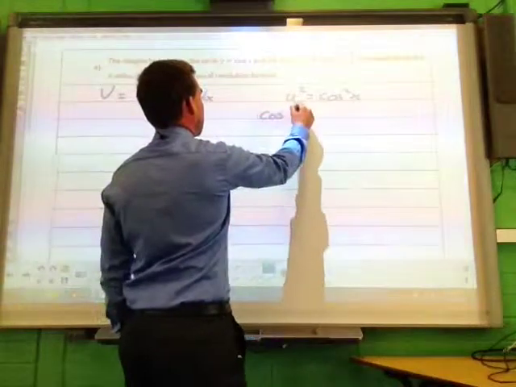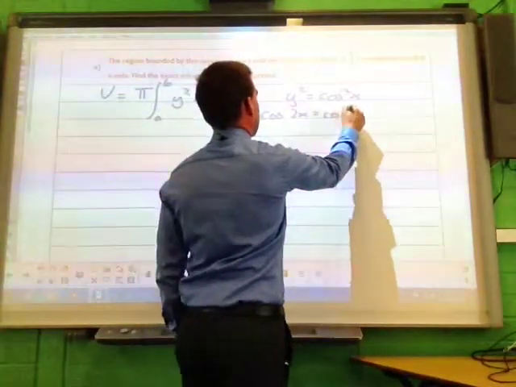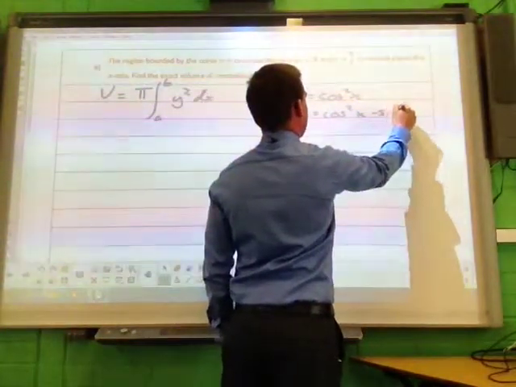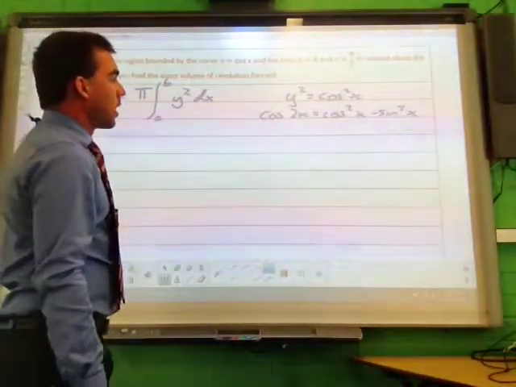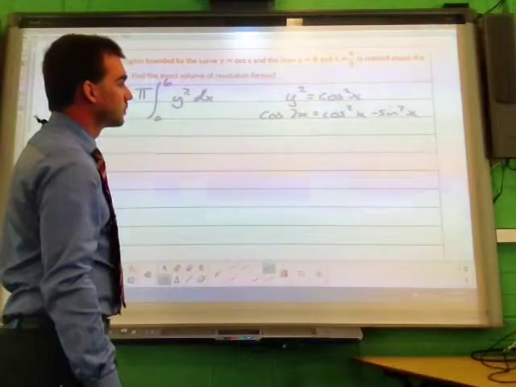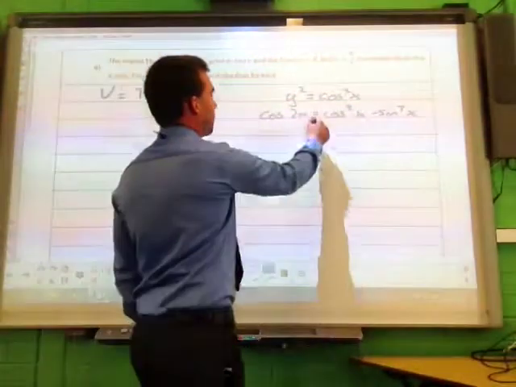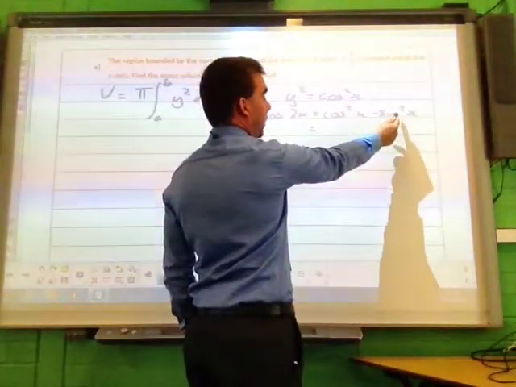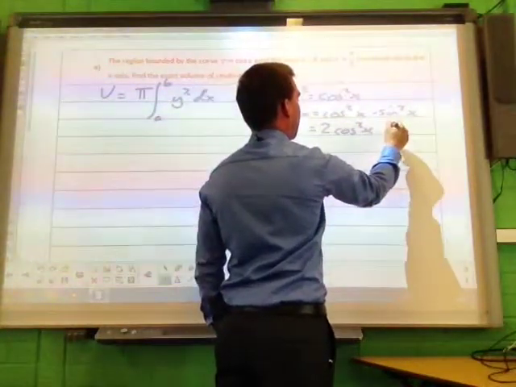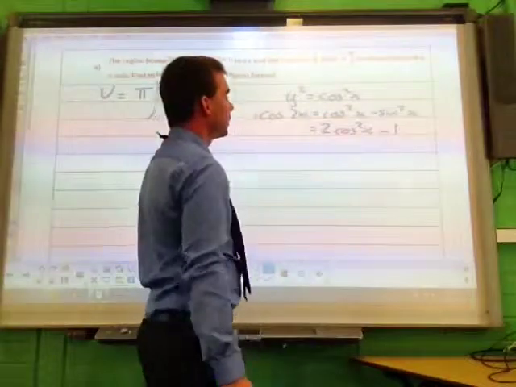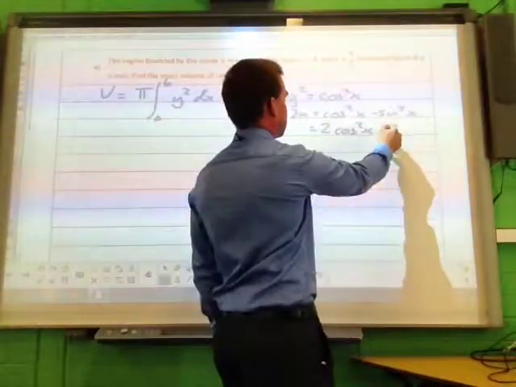Okay, so cos 2x is cos squared of x, take away sine squared of x. So it's going to be 1 take away cos squared of x, will be 2 cos squared of x, take away 1.